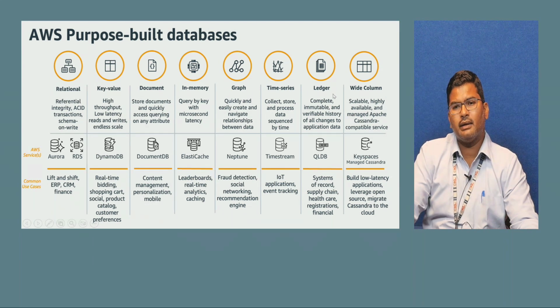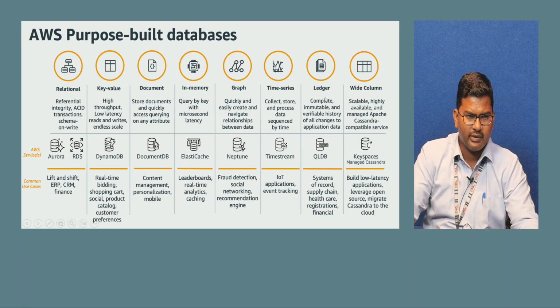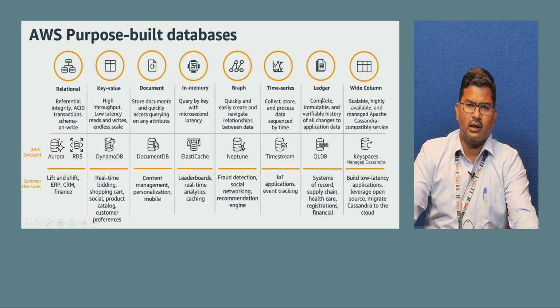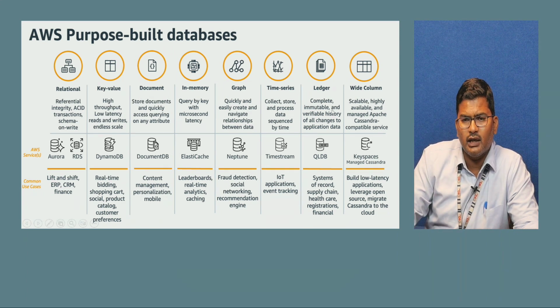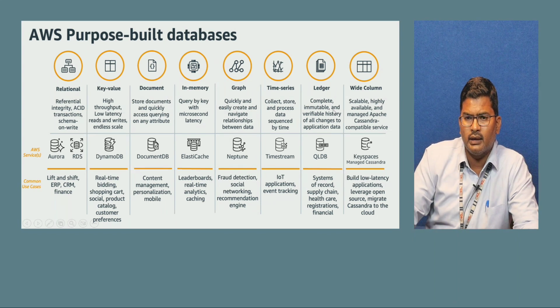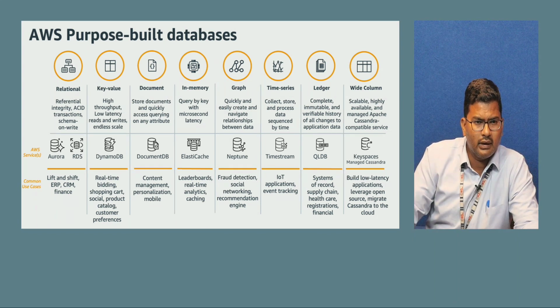Coming to another important database offered by Amazon Web Services is Ledger, mostly used in blockchain technologies. This ledger is going to be used where we cannot manipulate anything in between, because it is completely immutable, and we cannot interfere with anything inside the chain.